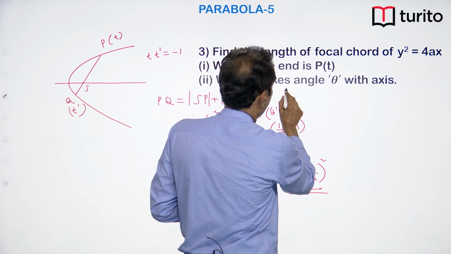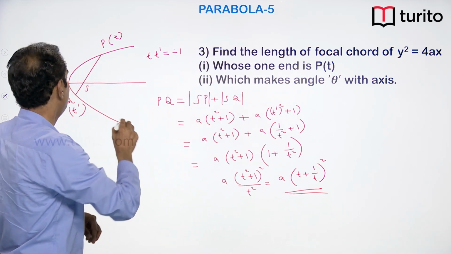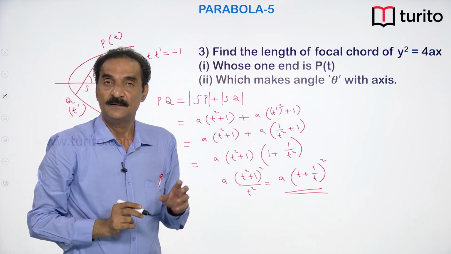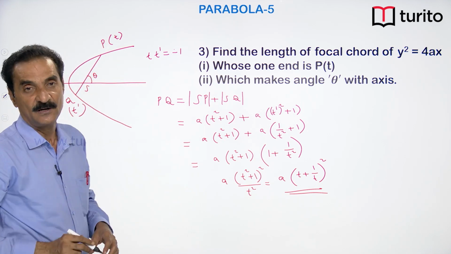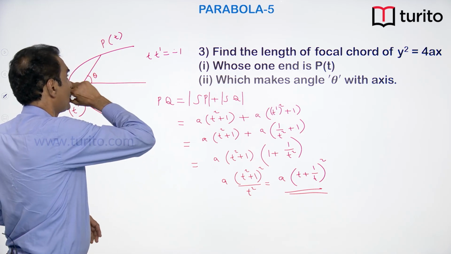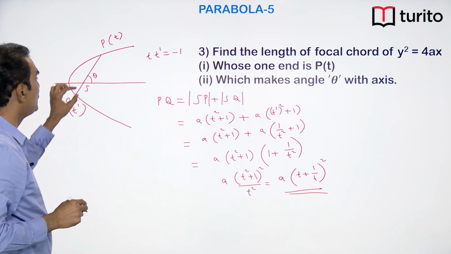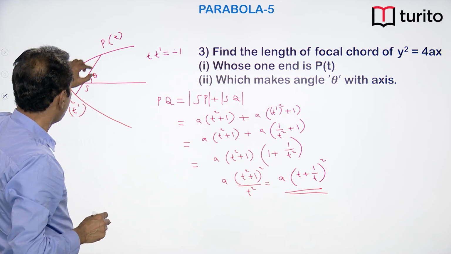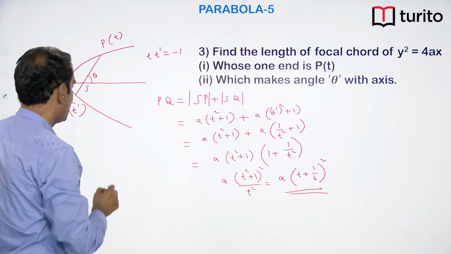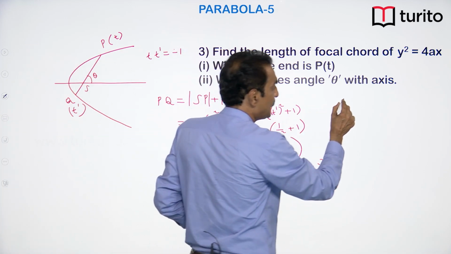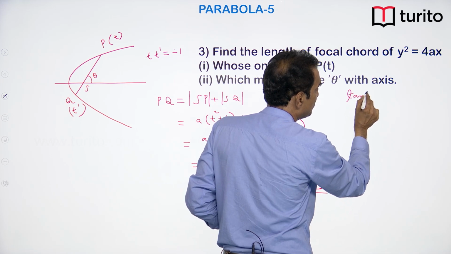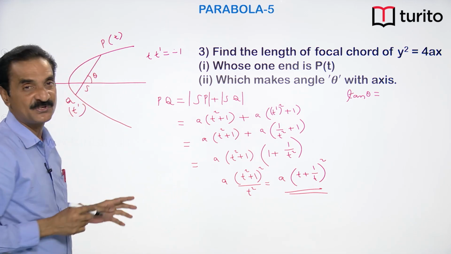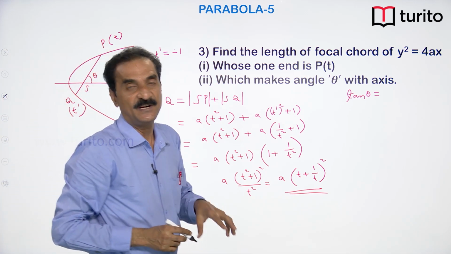If the focal chord makes an angle theta with the axis of the parabola, then what will be the length of the focal chord? This time, if theta is the inclination of the focal chord with the axis, then slope of the focal chord will be tan theta. So, tan theta is equal to, what is the formula for slope of the chord joining T and T dash? 2 by T plus T dash.